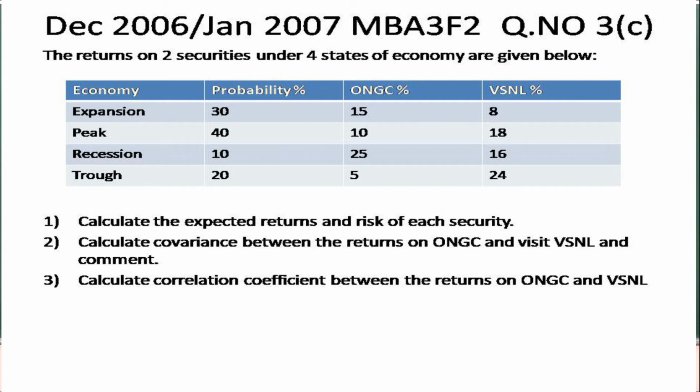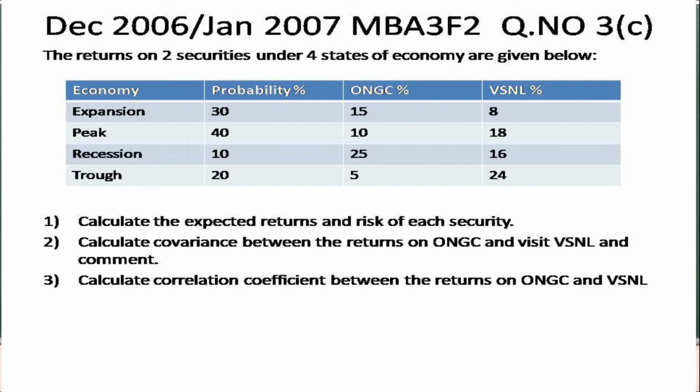I will just read out the question. The returns on two securities under 4 states of economy are given below. They have given the return of two securities under 4 states, based on the economic life cycle. They have given the companies ONGC and VSNL in terms of percentage.